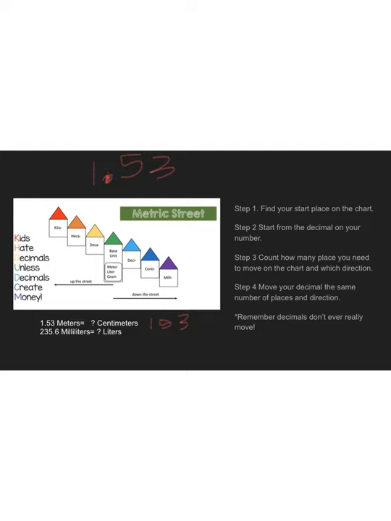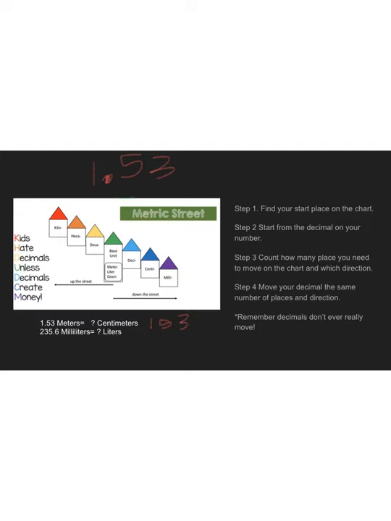So I would try that out. 1, 2, 3. And you can see that I don't have another number. So if that ever happens, what I do is I just put a 0 in there. And so I would have ended up with 1,530 millimeters.